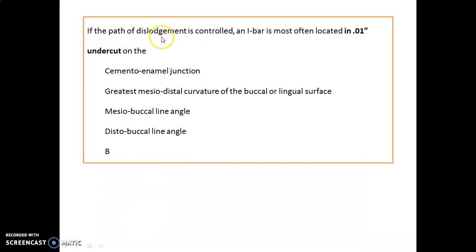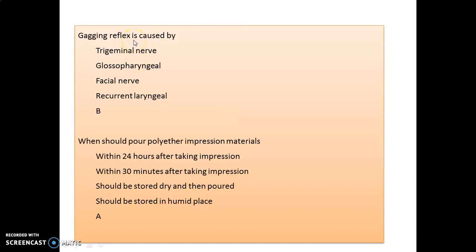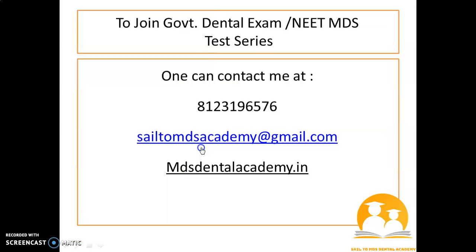Then, if the path of dislodgement is controlled, an IVR is often located in a 0.01 inch undercut in which area? At the greatest mesiodistal curvature of the buccal or lingual surface. Then the gagging reflex is caused by which nerve? By your glossopharyngeal nerve. Now aspirant, when should you pour polyether impression material? Within 24 hours after taking the impression.